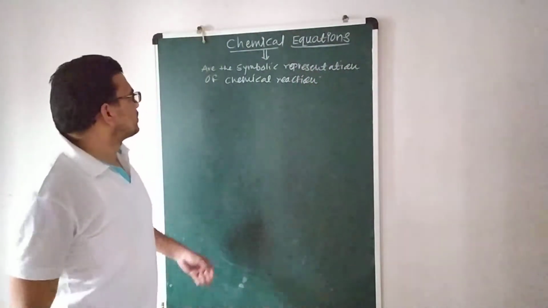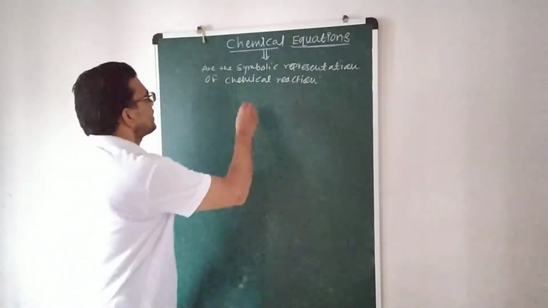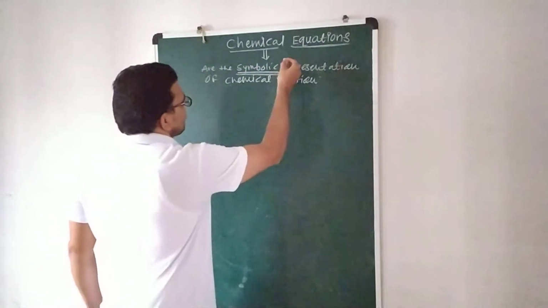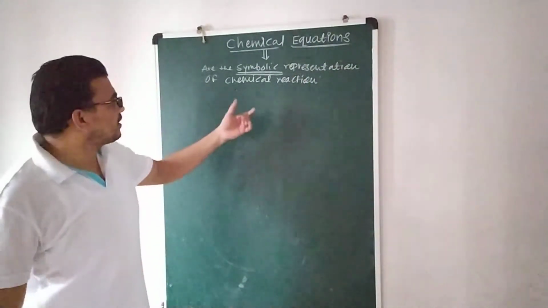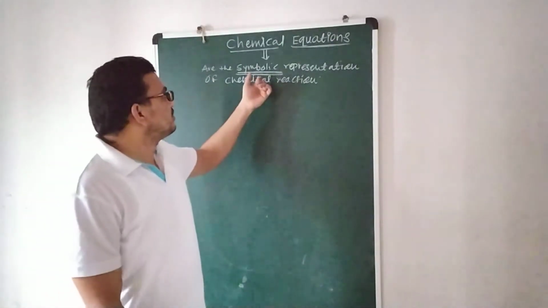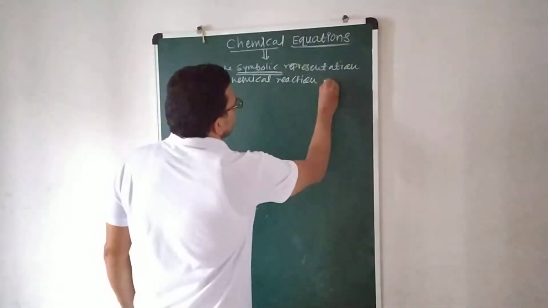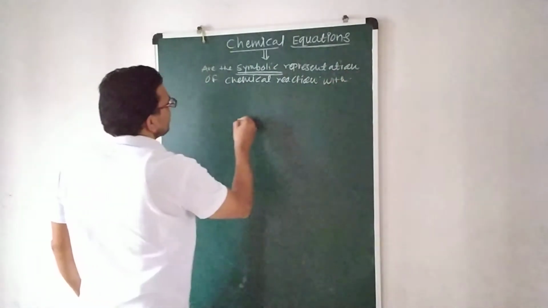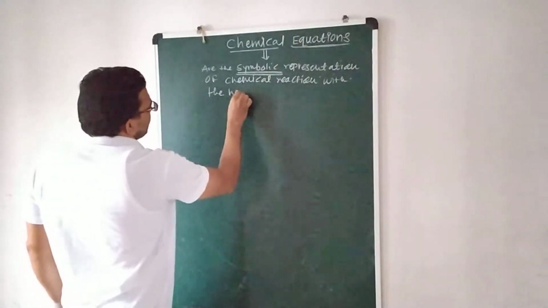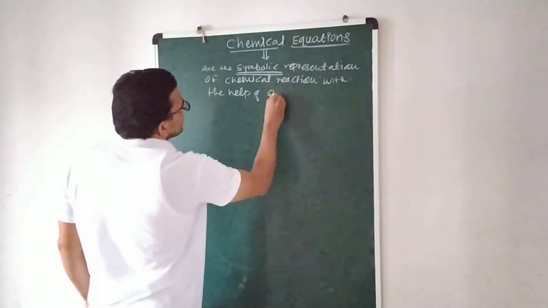Means what, students? Chemical equations are the symbolic representation. Means by symbols we have to represent the chemical reactions. Whatever chemical reactions are there, we have to represent by symbolic representation with the help of symbols and formulae.